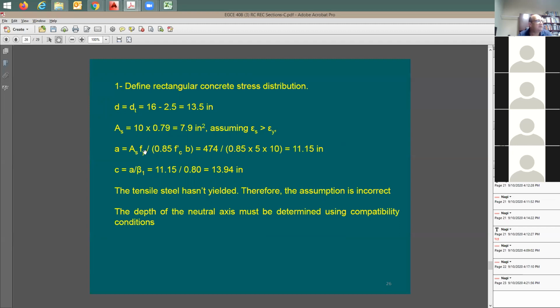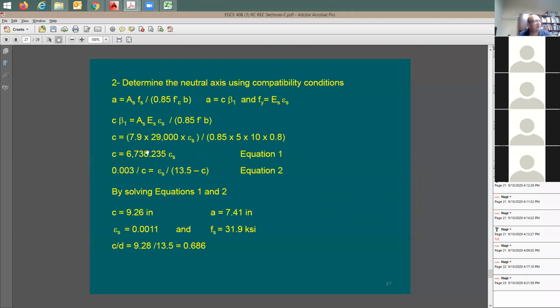But how can I start in this case? All right. Let me do here the compatibility condition. Now, in the past, what I did, I used to put this equation here and put f sub s, which is the stress in the steel, to be equal to f sub y.